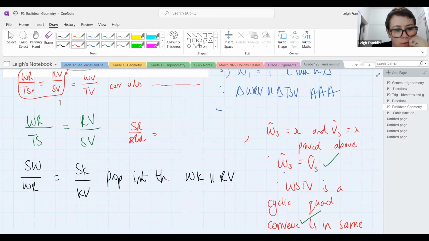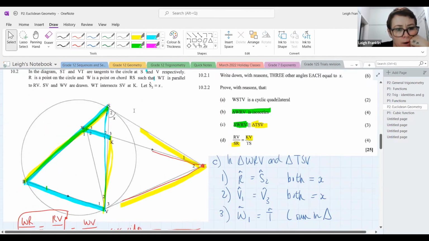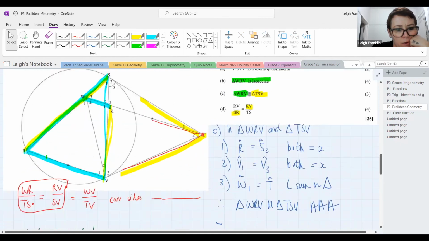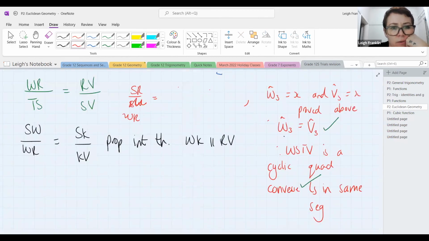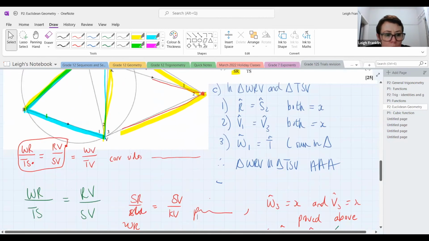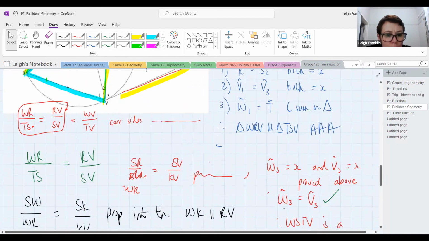SR over WR is SV over KV. Proportionality intercept theorem. What do we want? RV over SR.